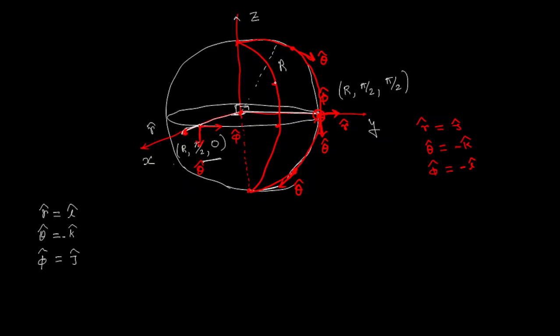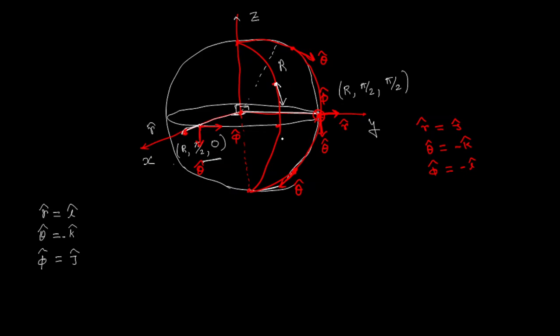And then you have to draw a tangent from north pole towards south pole. So if we draw a tangent like this at any point, this will give you the direction of theta cap at this point.